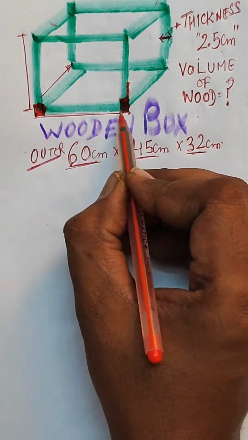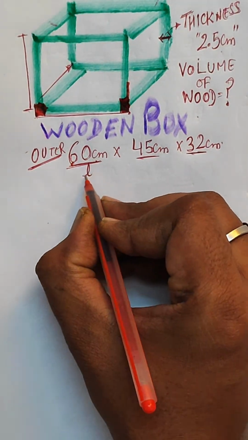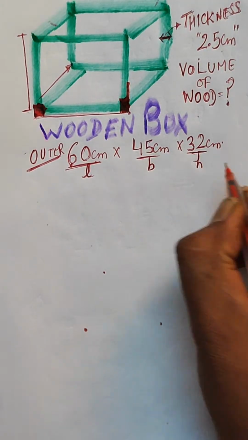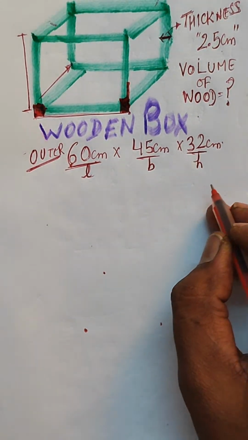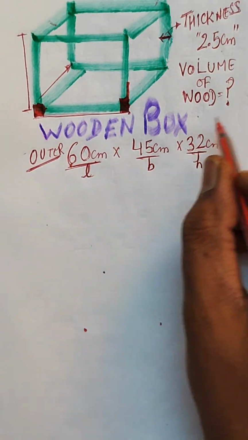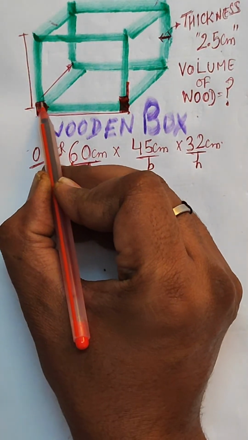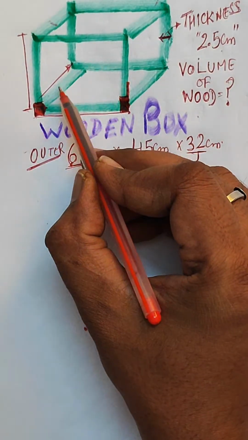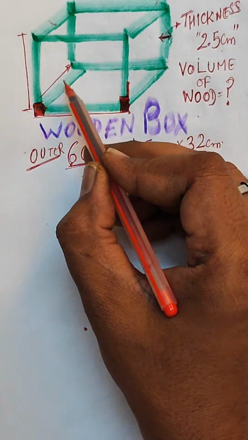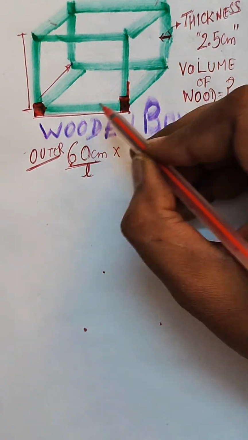So if you consider the length, the outer length will be 60, the outer breadth will be 45, and the outer height will be 32. Now I can see that if 2.5 centimeter is the thickness over here, and 2.5 over here, then inside the main box there is a box made up of air.